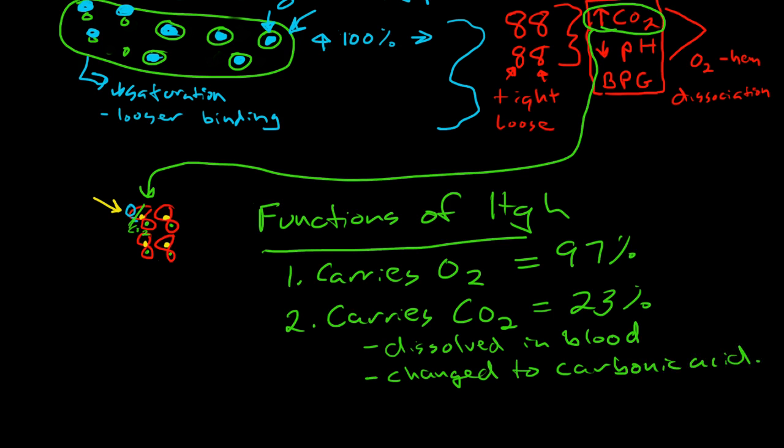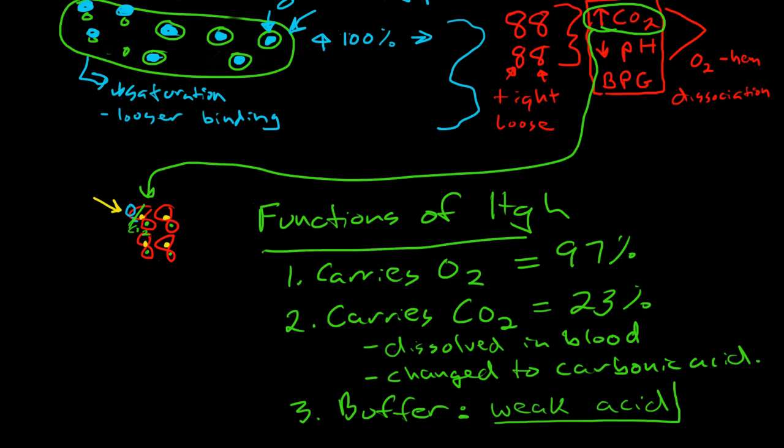Okay, and a third function of hemoglobin is to act as a buffer. And that's just because, like many amino acids and proteins within the body, it is a weak acid. And as you may remember from chemistry, weak acids and weak bases make good buffers.